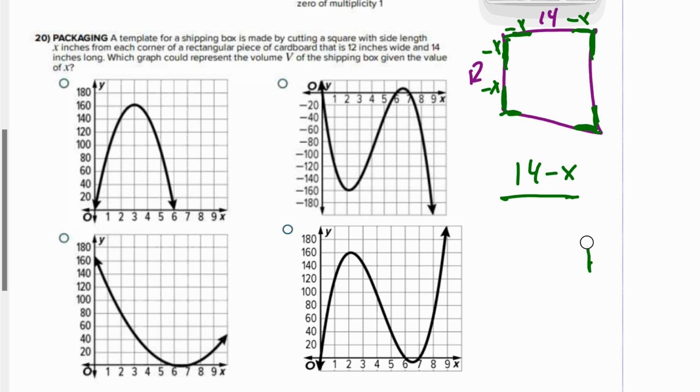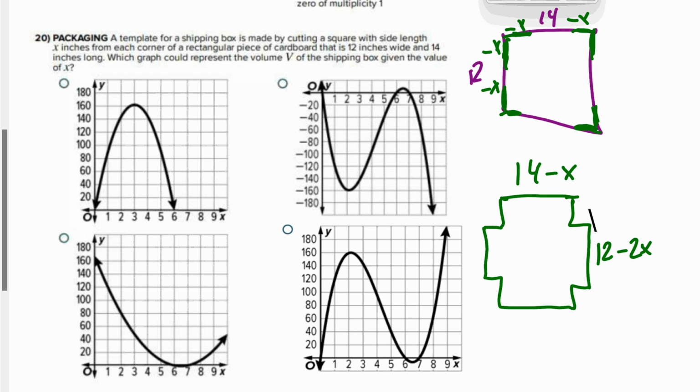So the diagram probably looks something like this. So that's 14 minus 2x, and this would be 12 minus 2x. Okay, and so then we can find the volume of this. These are folded up and it just turns into something like that, I guess.